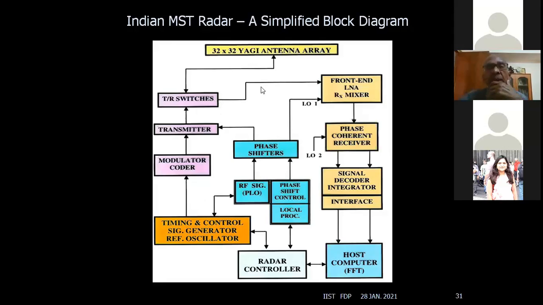Initially the radar had a limitation in the sense that 32 antennas are connected with a single phase, so you can steer the beam only in the north-south and east-west directions. And now, of course, each antenna is given its own transmitter, so you can steer the beam in any direction you want. It's a very high power radar.